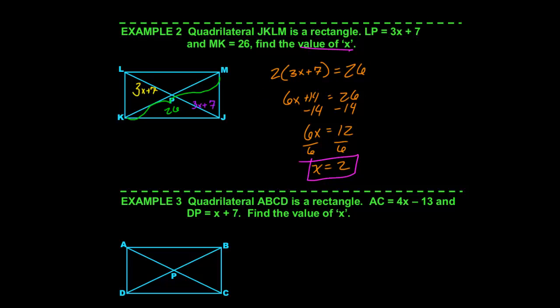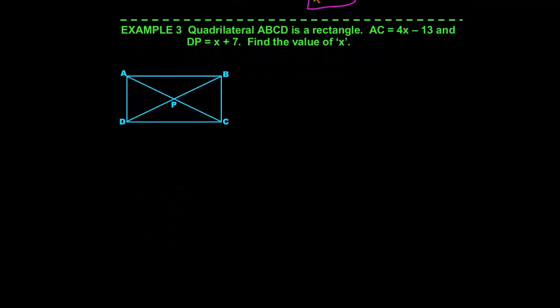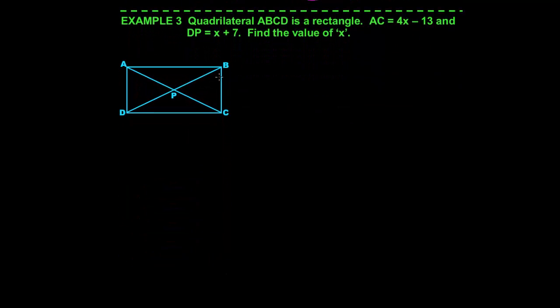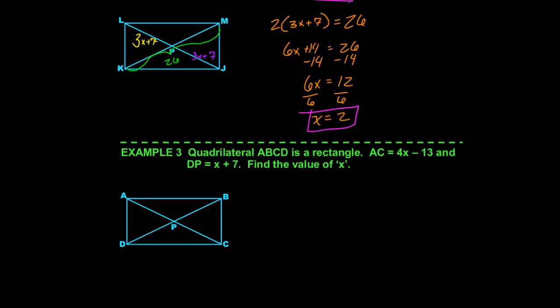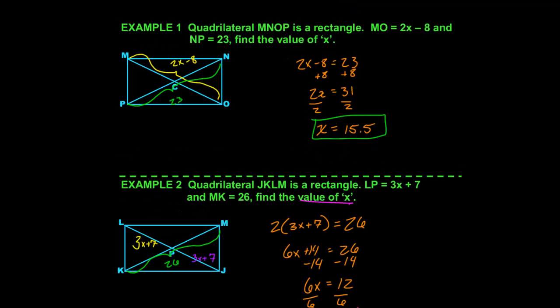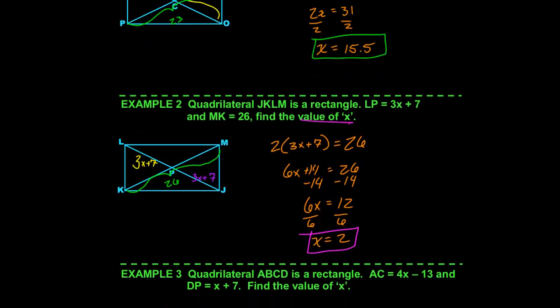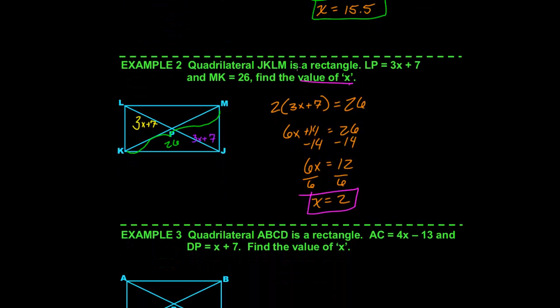So we are good. Moving on, example 3, quadrilateral ABCD is a rectangle. It just told us a lot from that. If it just says it's a parallelogram, or does not tell us that it's a rectangle, what we just did does not hold true. Here it says it is a rectangle, so we know these are congruent.